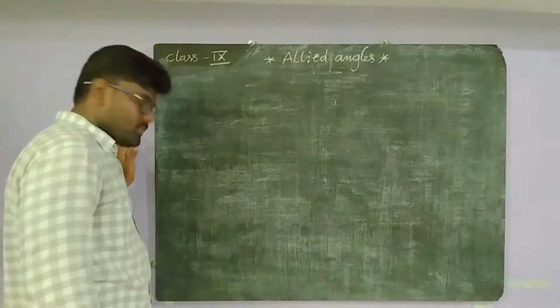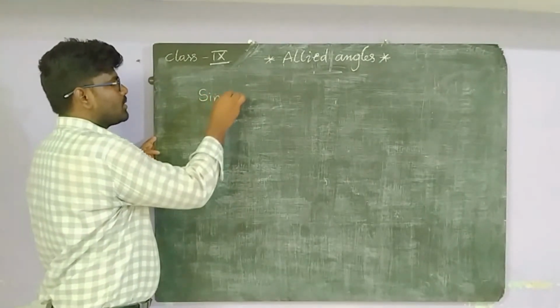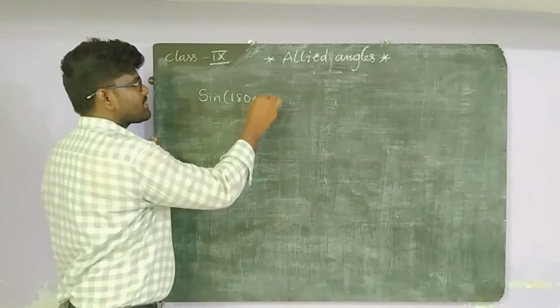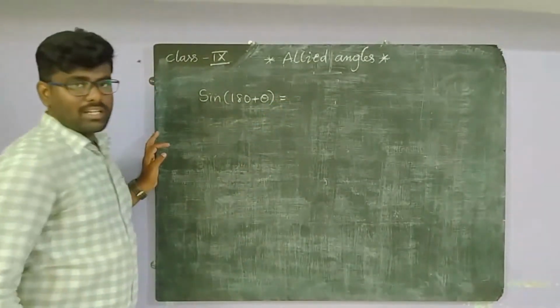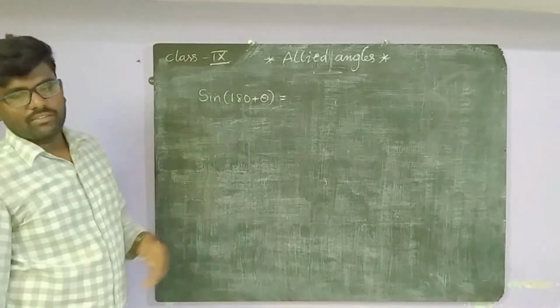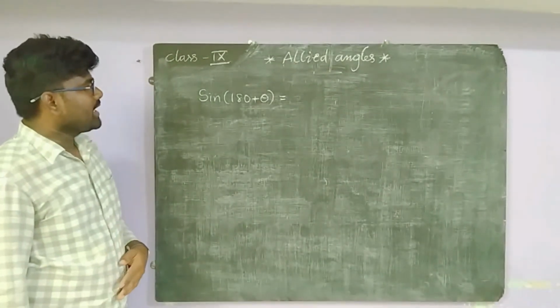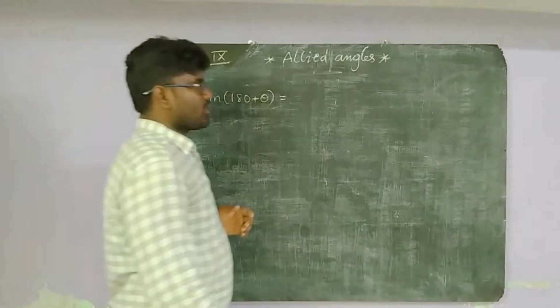Now we want to find sin(180 plus theta), or cot(180 minus theta), or 270 plus theta. Whenever this question is given, we first need to observe which quadrant it is in. How can we say it?